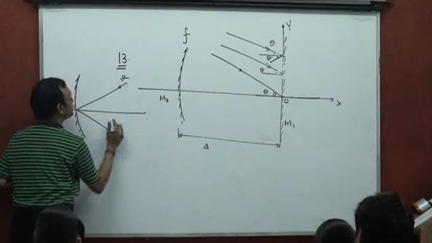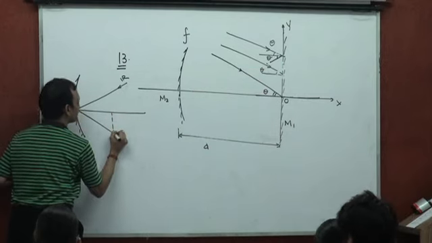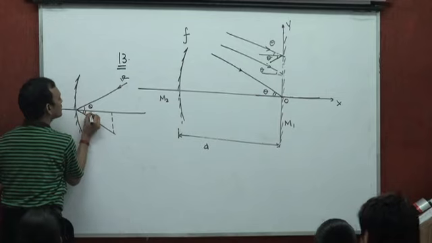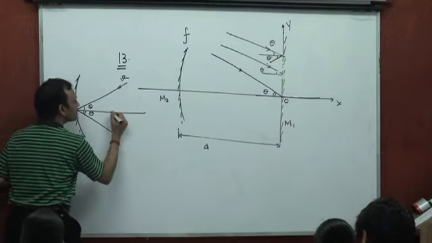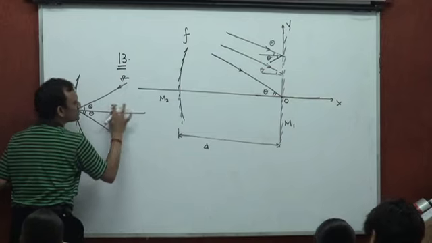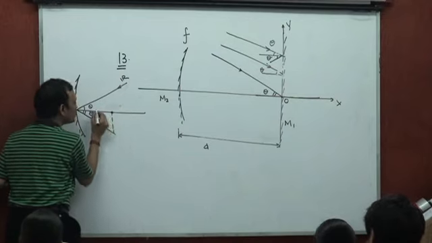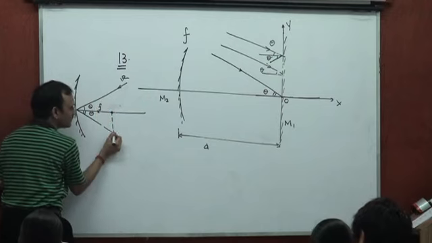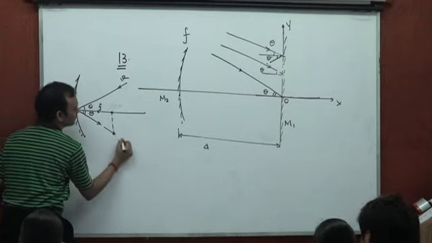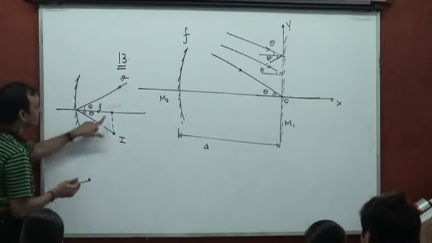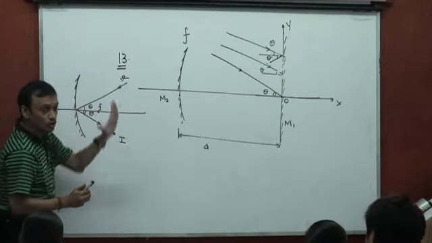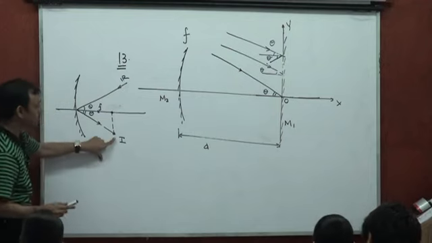And where would the image be? This angle is theta, and this is the focus, and this distance would be F. They will converge to some point I here, which is not the focus, but is in the focal plane.